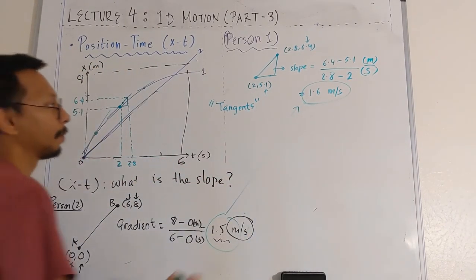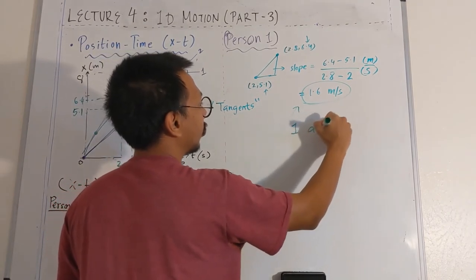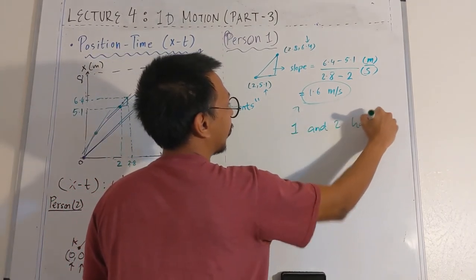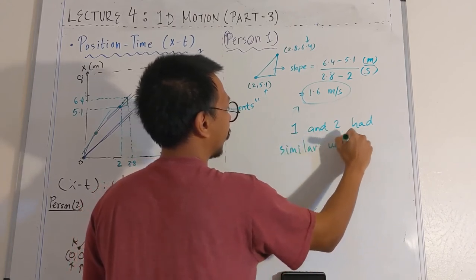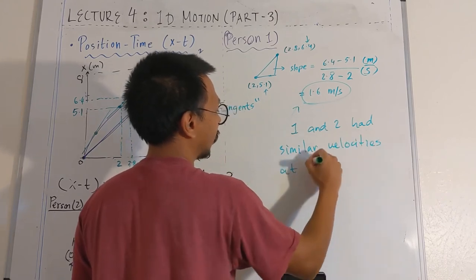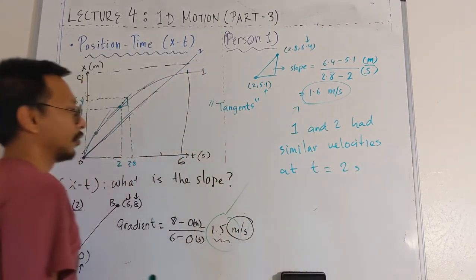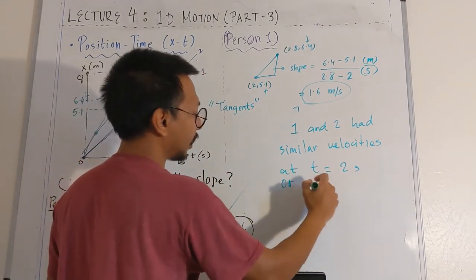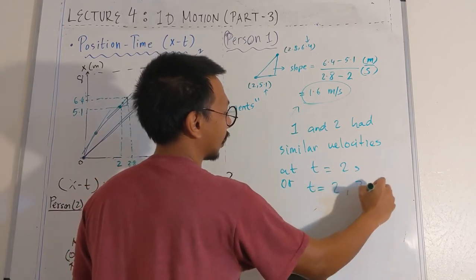So we can say that person 1 and person 2 had similar velocities at t equals 2 seconds, or somewhere in between t equals 2 and 3 seconds.